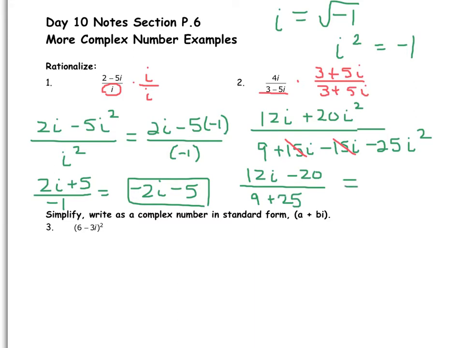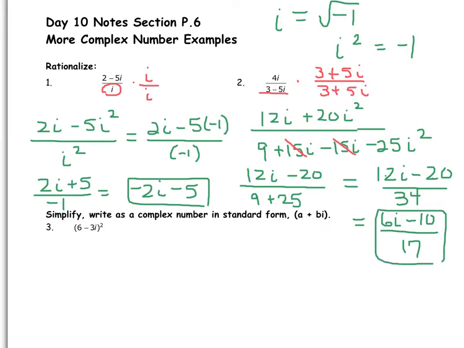And we can finish up and write our answer as 12i minus 20 over 34. Now, we've got even numbers in the numerator and the denominator, so this can actually simplify. We can divide a 2 out from each of the terms, so the answer can rewrite as 6i minus 10 over 17. And now we have a reduced answer.